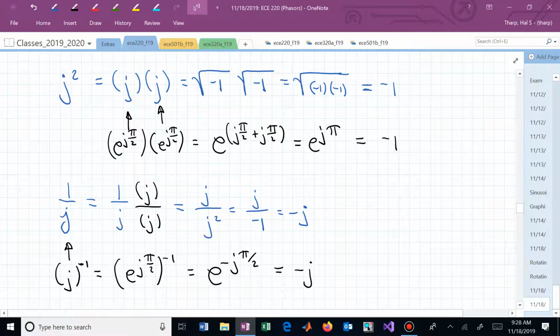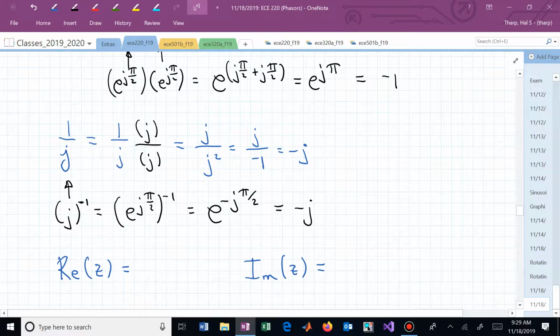Or j to the minus 1, again using our knowledge of exponents. That's e to the j 90. And now we negate the exponent when we raise it to a power of minus 1. And now we're below the real line at an angle of minus 90 degrees.